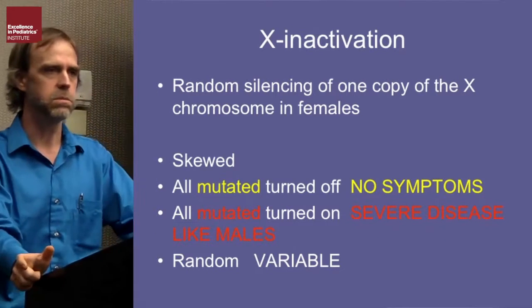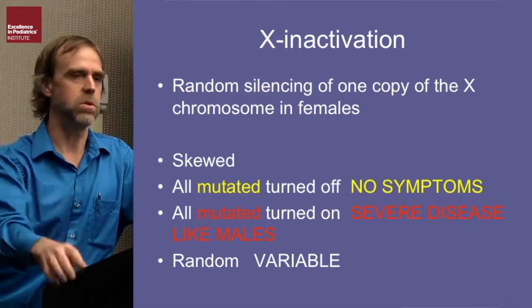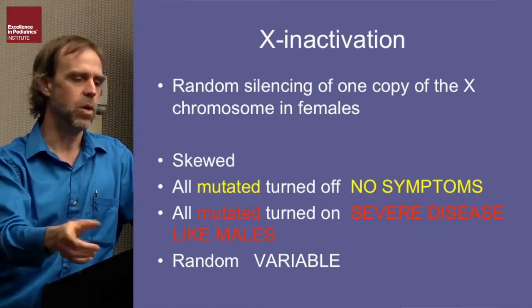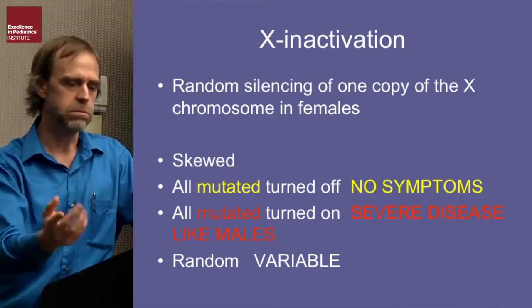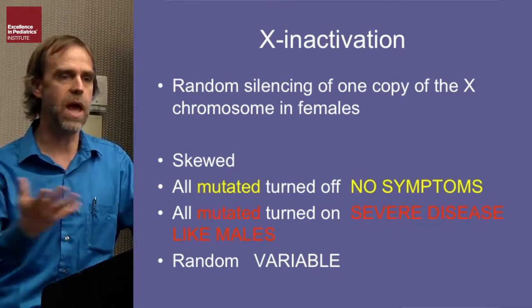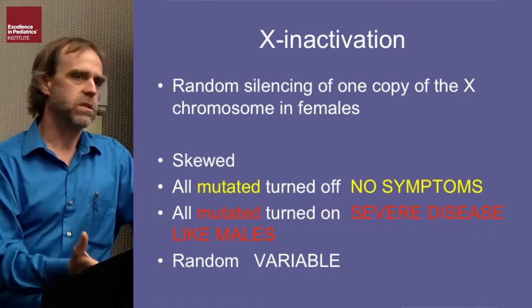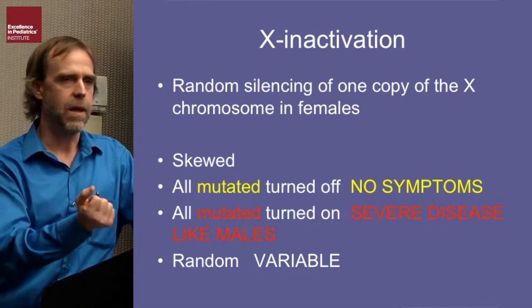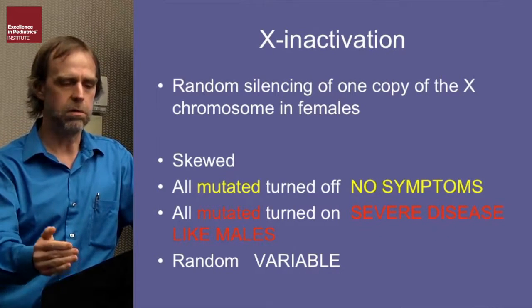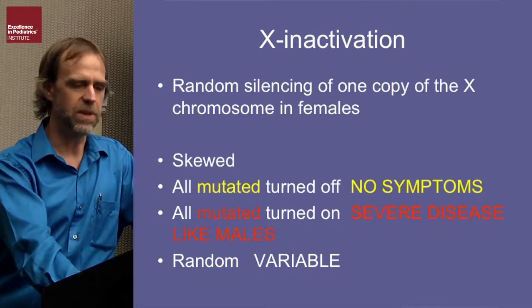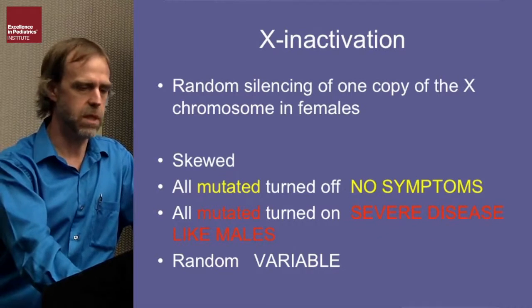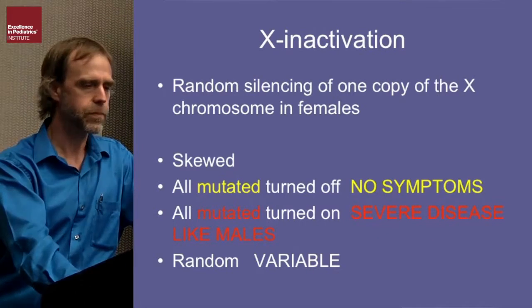Most women will have in between those two. About 70% of women will have random X inactivation, and they will have a risk to develop symptoms, but the symptoms typically are milder and a little bit later onset than in the males.